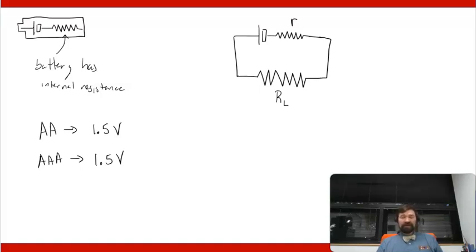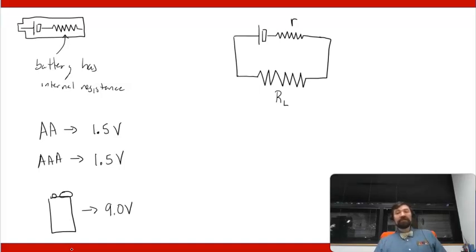They do make other batteries. For example, if you get one of the batteries that in cross section looks like this, where there's the little terminal and the big terminal on the top, this one ends up being 9 volts.